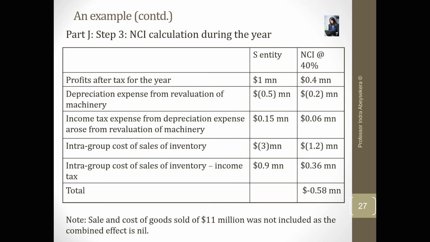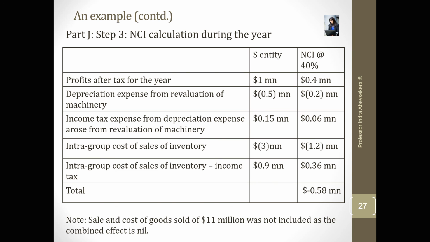Step 3 is calculating how much should be given from current period profit. Profit after tax for the year in the subsidiary is 1 million. We should assign 40% to NCI. In addition, because of intergroup transactions, there's depreciation expense arising from revaluation in the current period, and the tax impact, the tax expense credit that has arisen.